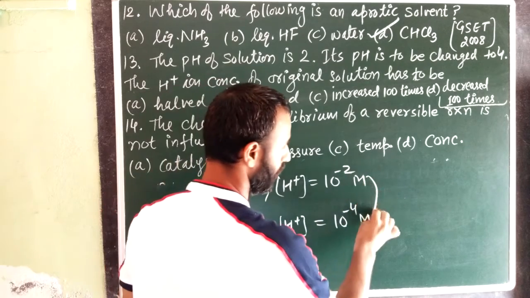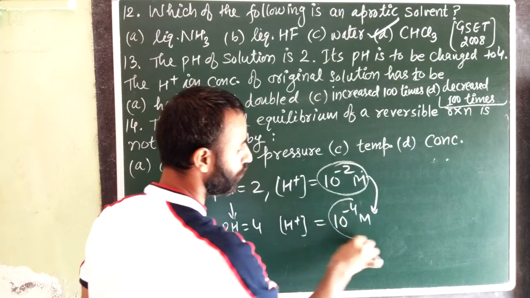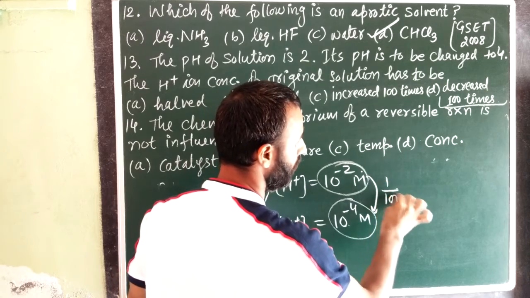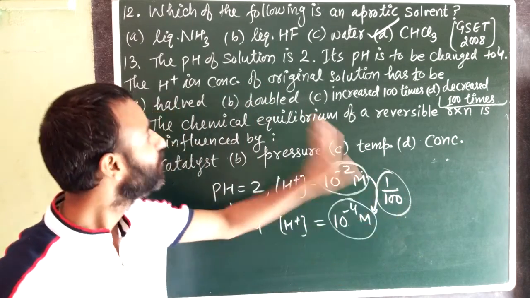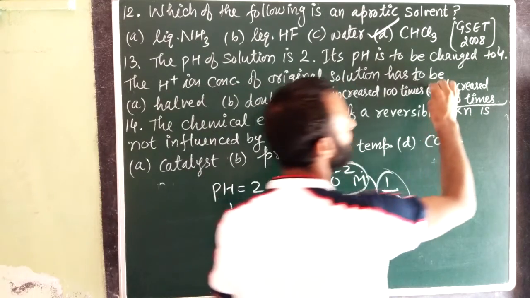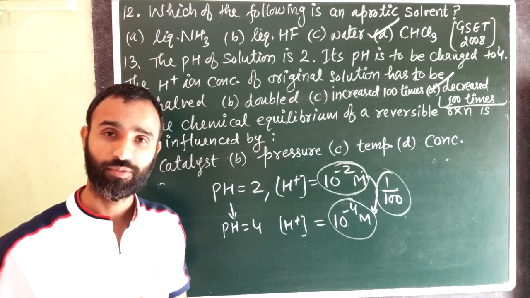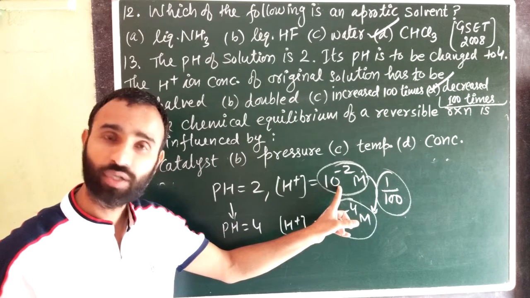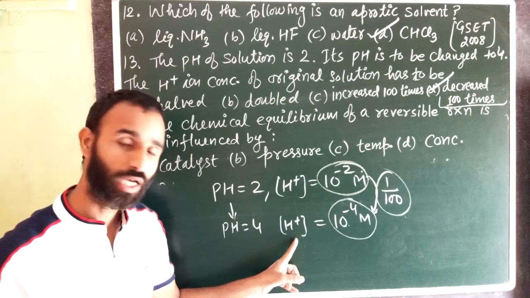So that means to go from 10 raised to power minus 2 to 10 raised to power minus 4, we have to divide it by 1000, sorry, by 100. That means this solution has to be diluted by 100 times. Keep in mind, H plus ion concentration in the original solution, H plus ion concentration after dilution.